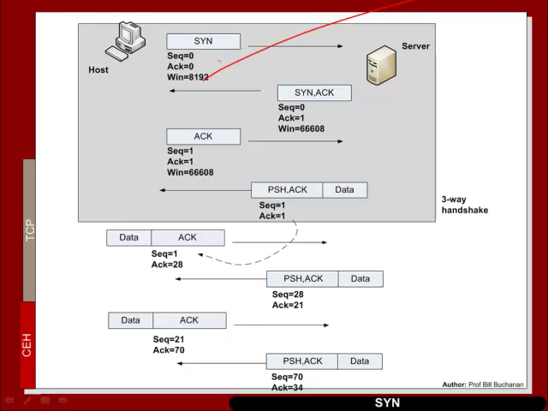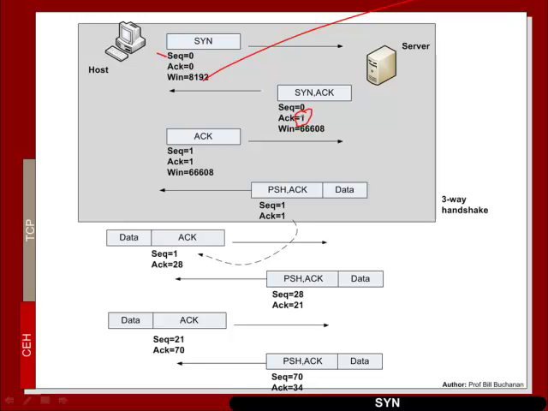Along with this, we get the concept of sequence numbers. So the sequence number is the sequence that we've actually sent. It's the number of bytes. So we can see here the Syn is sent, sequence 0. The ACK comes back and identifies the next value it expects to see.